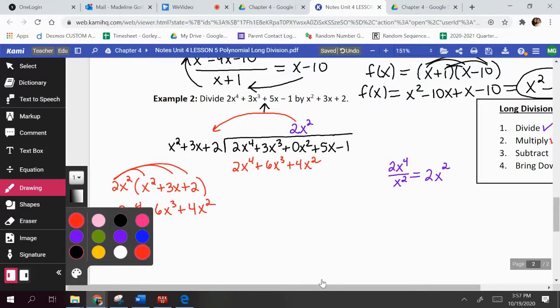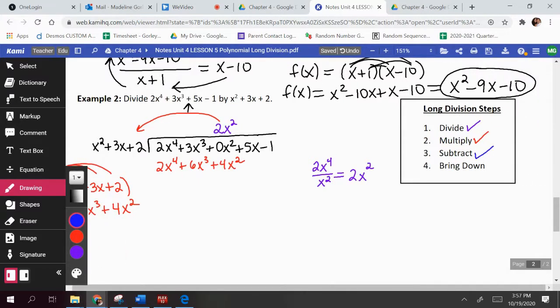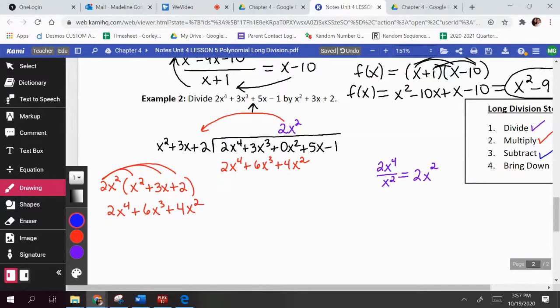Then I subtract. Divide, multiply, and subtract. Bring it on down and bring it on back. When I subtract, I draw the line and I do what? Change all the signs, right?